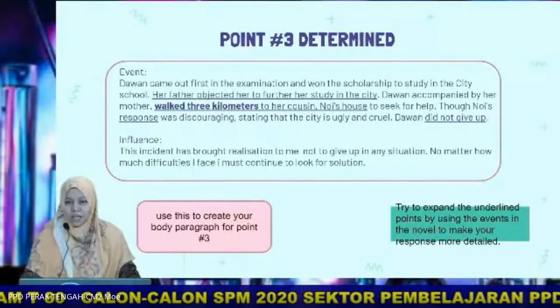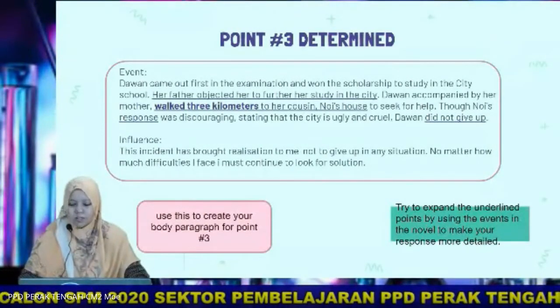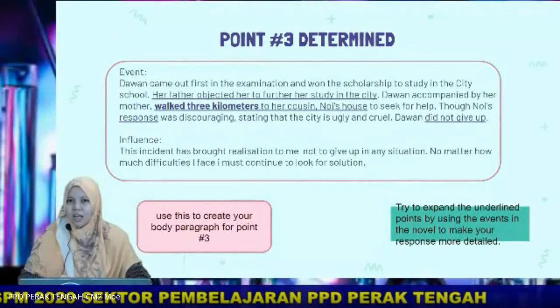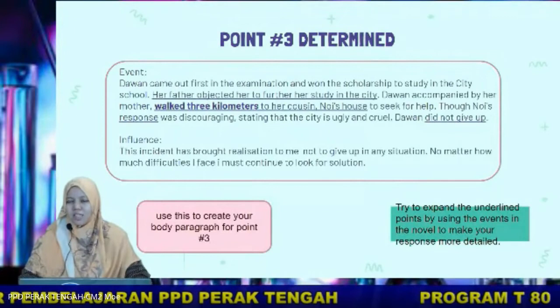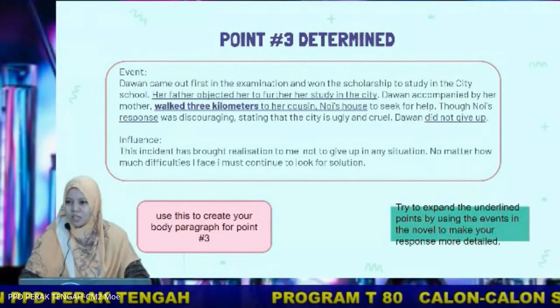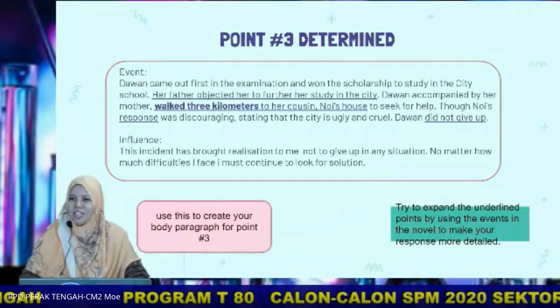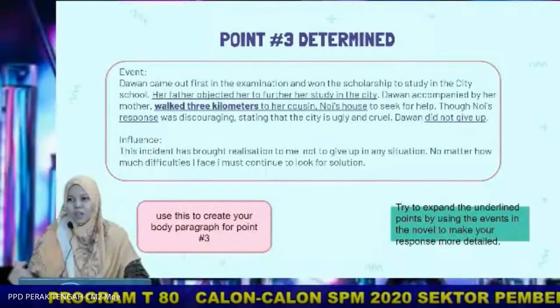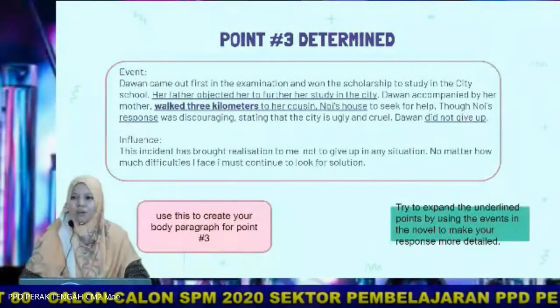After Noi said that she refused to persuade the father. Okay, she said that it is a cruel and filthy place for girls like Dawan to go to the city. She visited the head monk after that. Okay, so yes, she did not give up. So she went to visit the head monk after that. It shows that she did not give up, yes.